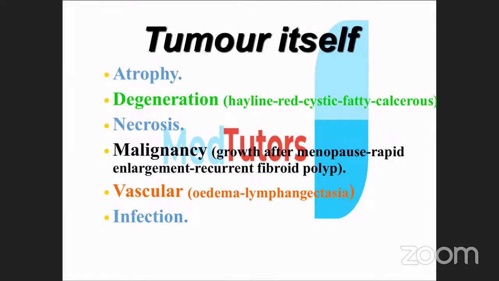So within the tumor itself, what are the changes that could occur? One, it can undergo atrophy. This is common by the time a woman reaches menopause. It will undergo atrophy, and the symptoms will gradually regress. It may undergo degeneration. This degeneration can be hyaline degeneration, cystic degeneration, red degeneration, fatty degeneration, or carcinomatous or calcific degeneration, right?